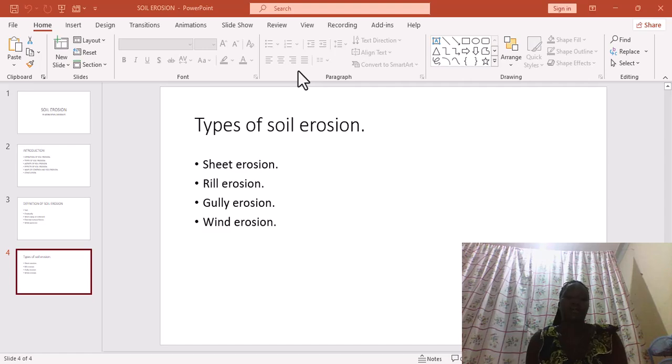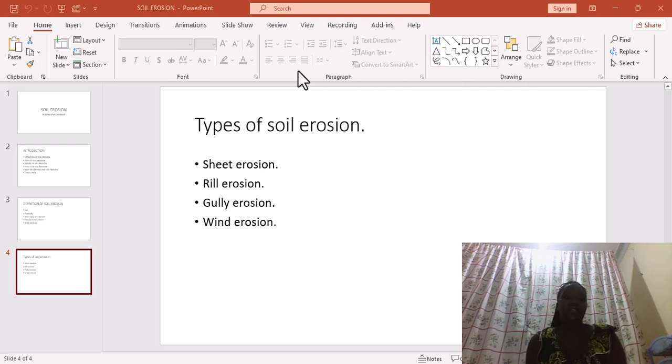The second one we have is rill erosion, which involves creation of small and shallow channels as a result of concentrated water flow on a sloping land. The third one I'm having is gully erosion, which involves creation of deeper and wider channels as a result of water flow leading to significant soil loss.